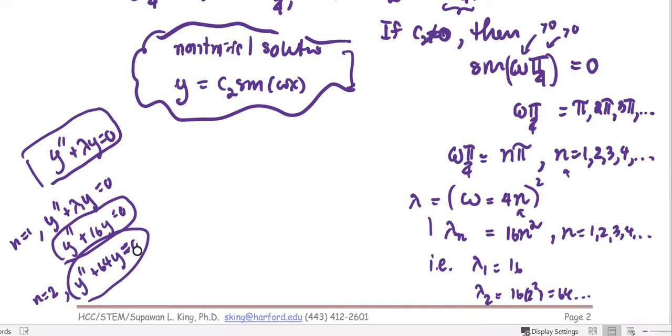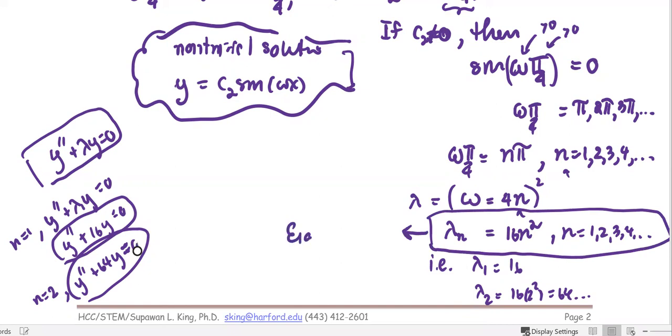That means our lambda n is called the eigenvalue, or proper number, that will give you the non-trivial solution. For each eigenvalue, we have the corresponding eigenfunction, the eigenfunction associated with the eigenvalue.